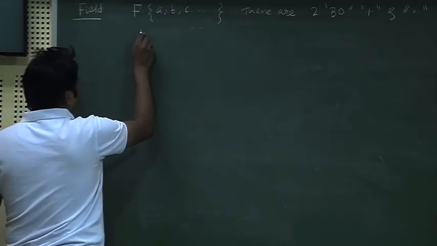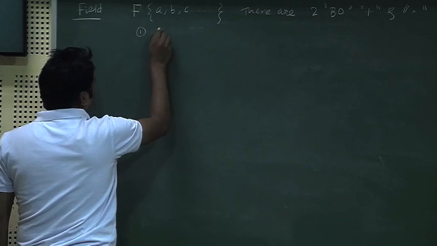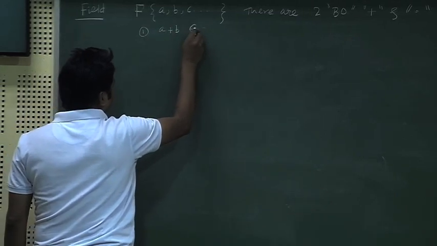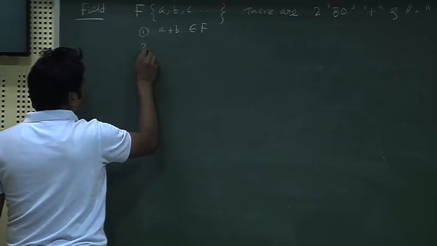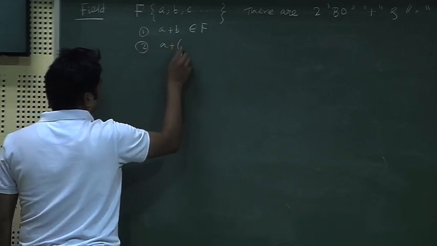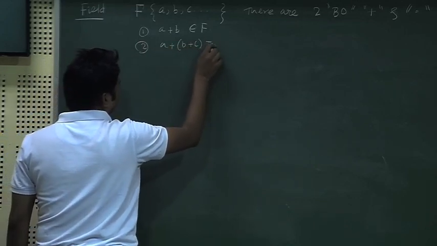Now, if they follow these rules, I should write the same thing once again. Let me first write and then I am going to explain what is exactly going on here.